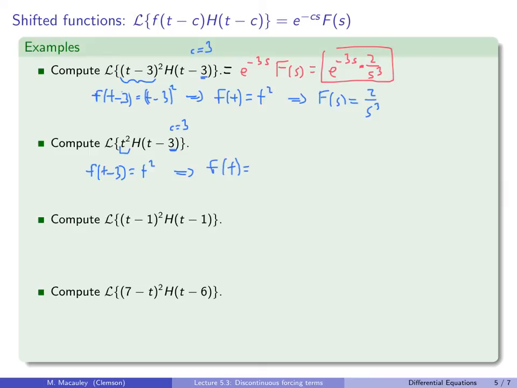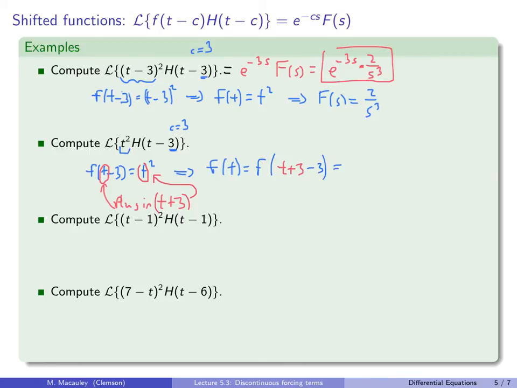What I like to do is look at that t and plug in t plus 3 for t. Then this 3 is going to cancel with that 3, and we get f of t. So if we replace every instance of our variable t with t plus 3, f of t equals f of (t plus 3) minus 3.